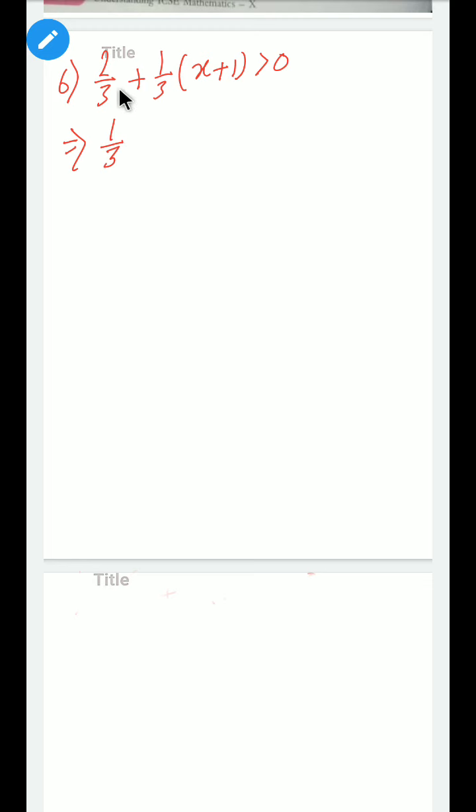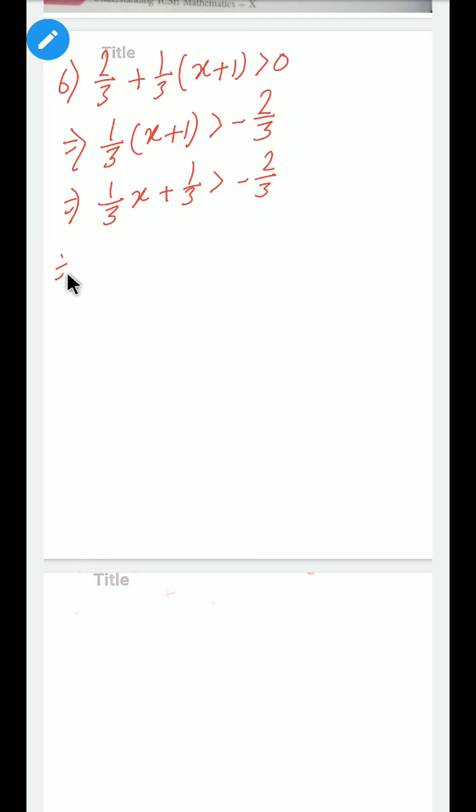Now if this 2 by 3 goes to that side, it will be minus 2 by 3. Now multiply this. This is 1 by 3x plus 1 by 3 greater than minus 2 by 3. If this 1 by 3 goes to that side, this will be minus. So 1 by 3x greater than minus 2 by 3 minus 1 by 3.